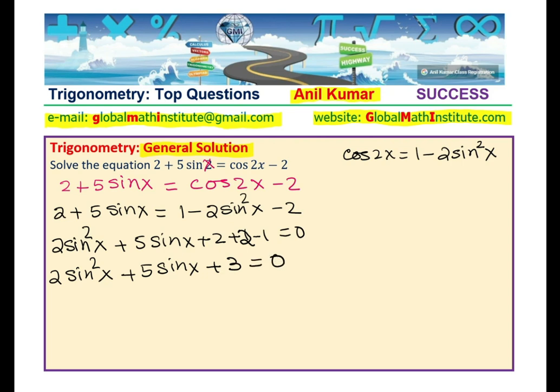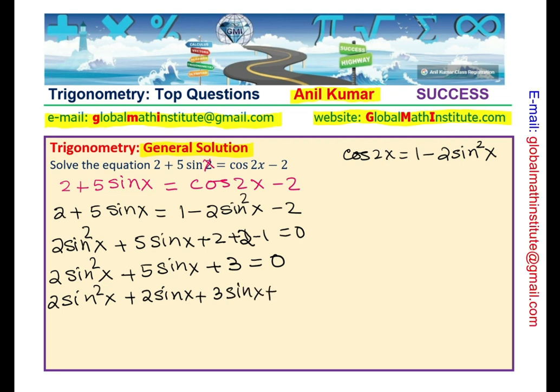We can factor this. We are looking for a product of 6 and sum of 5, so 3 and 2 can work for us. So we get 2 sine square x plus 2 sine x plus 3 sine x plus 3 equals 0. So 2 sine x is common, we get sine x plus 1.